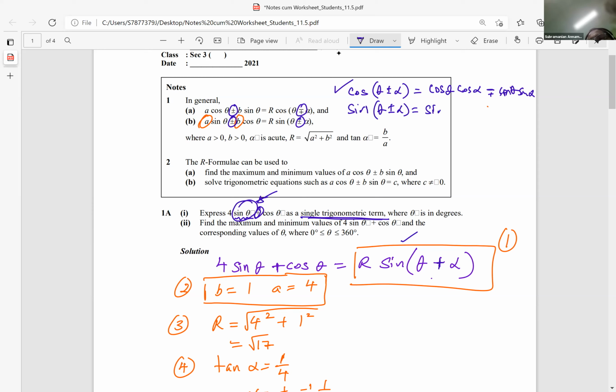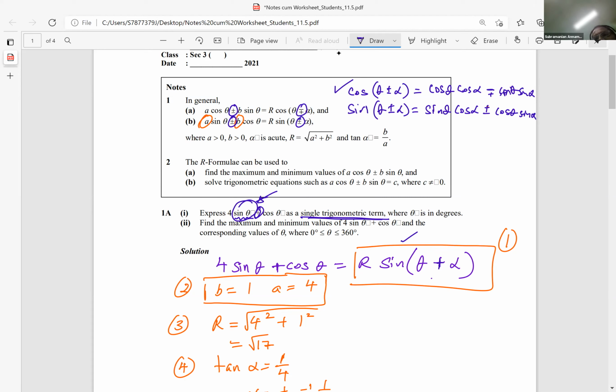Then it's sine theta cosine alpha plus minus cosine theta sine alpha. Who doesn't understand this part? So far okay, right? So this is exactly what we are applying here, just that your cosine alpha and sine alpha are missing. Can you imagine that?